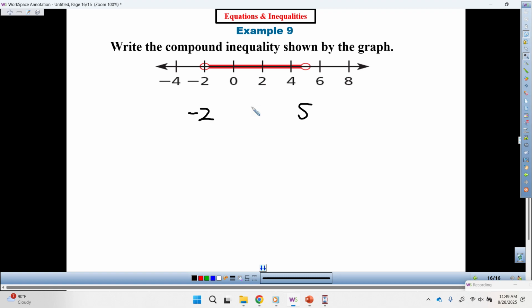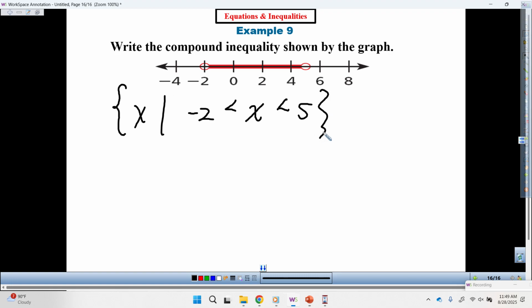This represents x. Anytime you write an inequality, you do less than, unless there's a solid point, then you write the equal sign. Now, are we done? No. We need our bracket set notation, solution set of x such that, close notation.